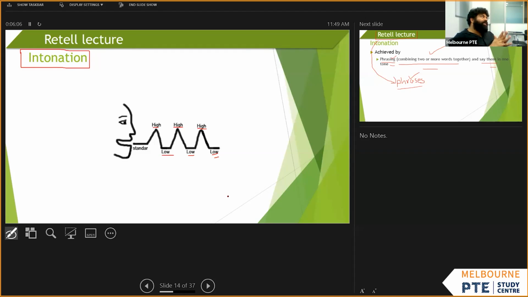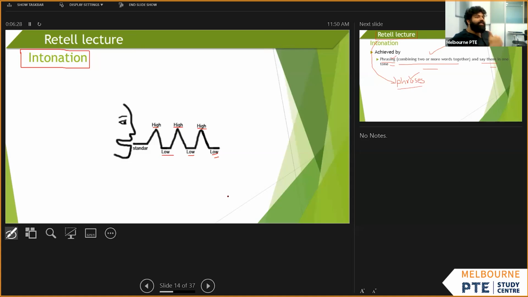So basically, intonation means change in tone. Okay, so if you are listening to a computer or a robotic recording, what is the difference between that and a human speaker? A computer recording would have one tone or one loudness throughout.